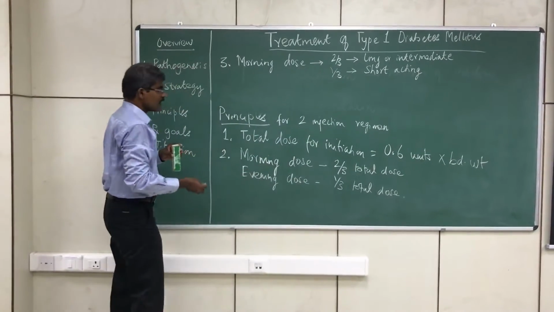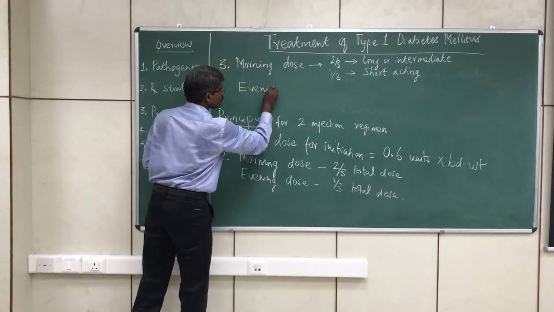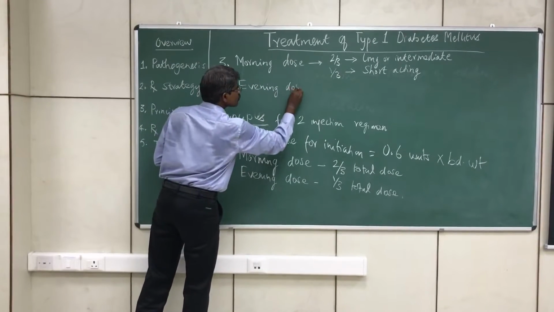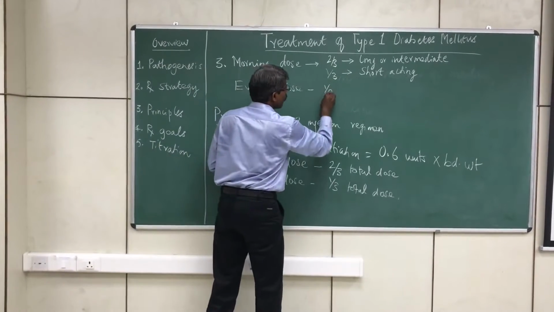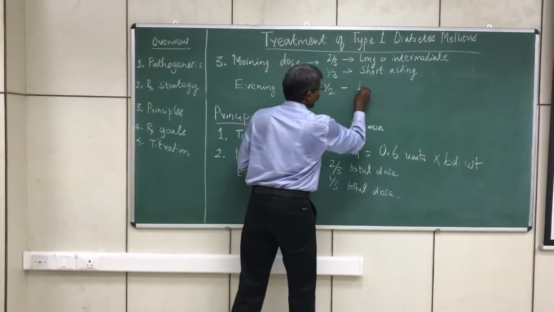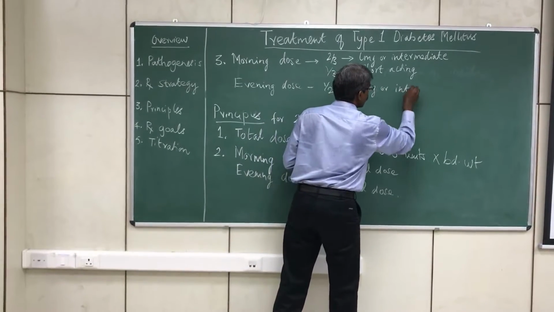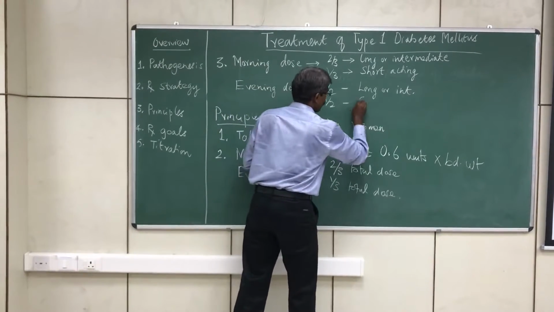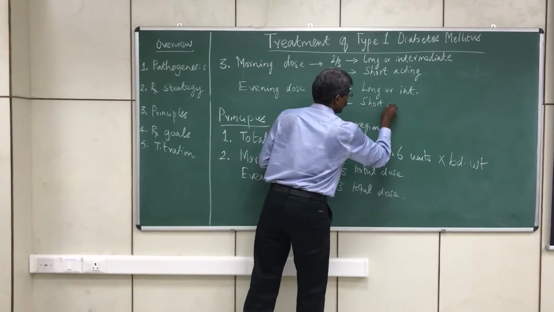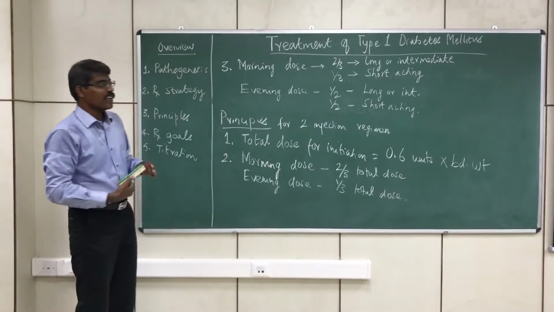Now if you see the evening dose, half is given as long acting or intermediate acting, and the other half is given as short acting. So these are the 3 basic principles which initiate.